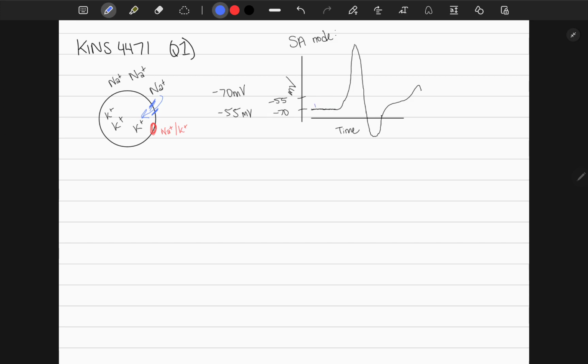So here is the sodium channel opening. At the top is when the sodium channel closes. And what's going to counteract that is the potassium channel opening. And this here is called creep, where it slowly goes back to its normal resting state.